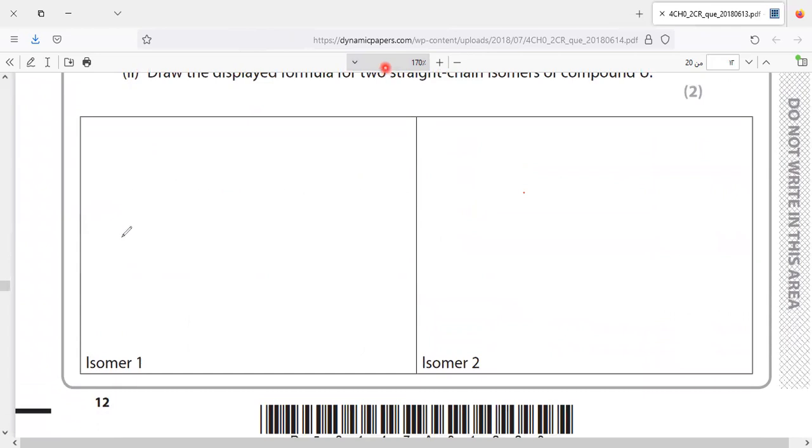Draw 4 carbons: 1, 2, 3, 4. Put a double bond between carbon 1 and carbon 2. After that, just fill with hydrogen.